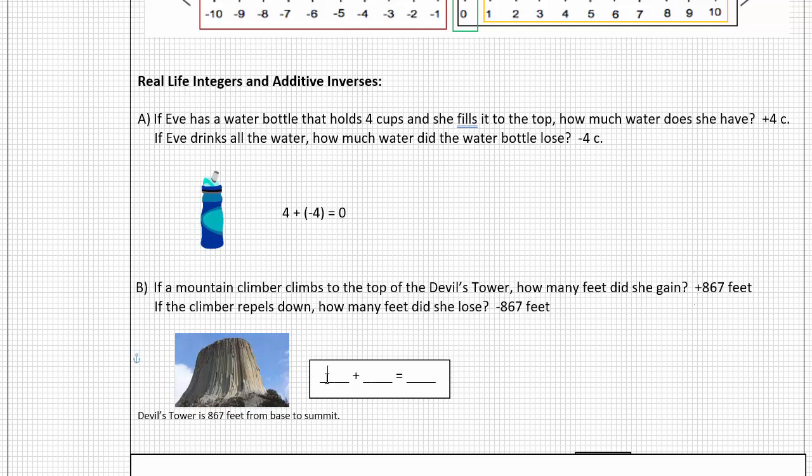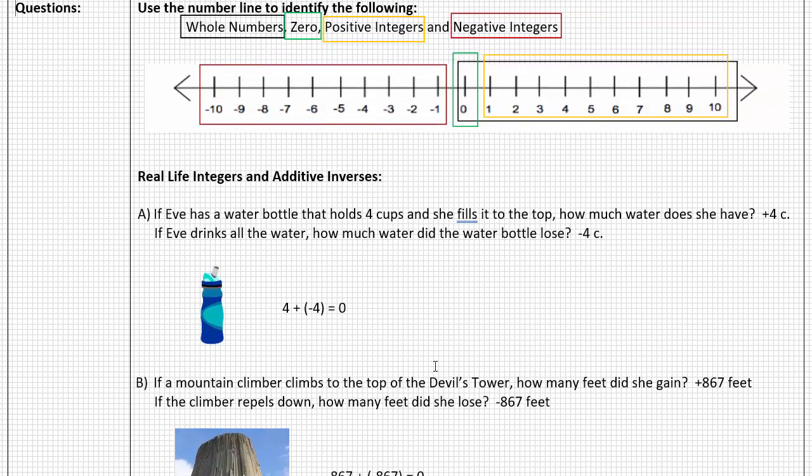If we start with 867, and we add to that a -867, what do we get? Well, we get right back to where we started, and that was at 0, right?